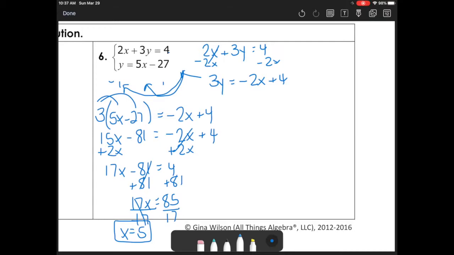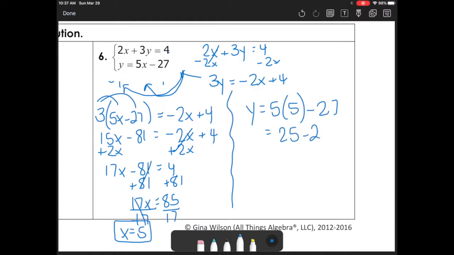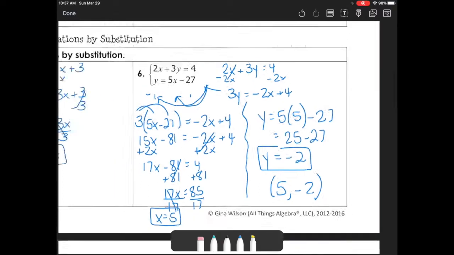When you do substitution, you have to substitute into the opposite one. If you substitute into the same one, you get a weird answer. All right, so y is equal to -2. There's our solution. And remember, you can always check by graphing, right? So you can type those two equations in and see if the answer is 5, -2.